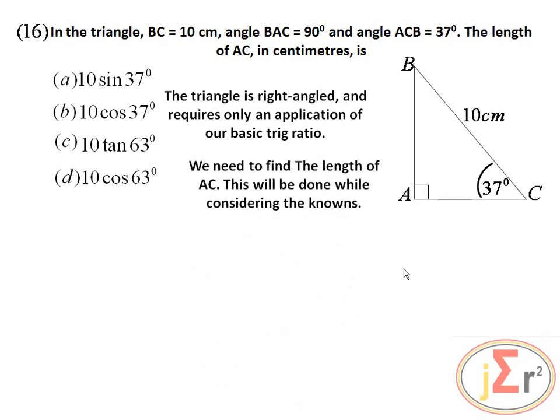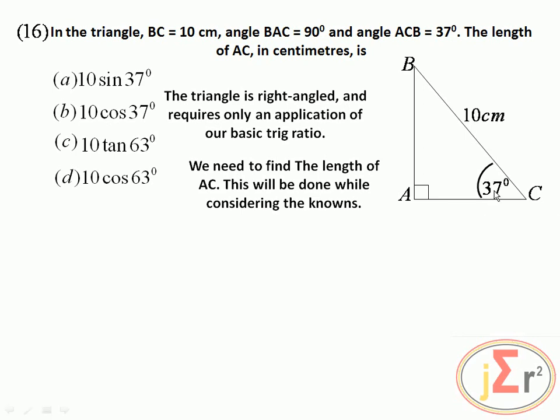We need to find the length of AC. This will be done while considering the knowns, that is, the known side and the known angle that we have already. And what are they?